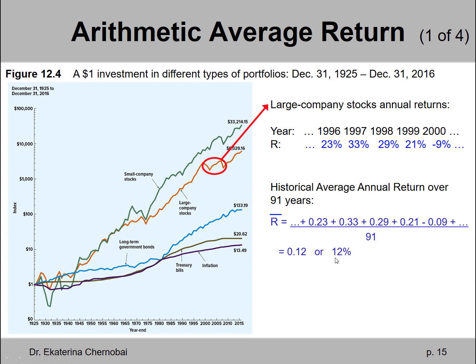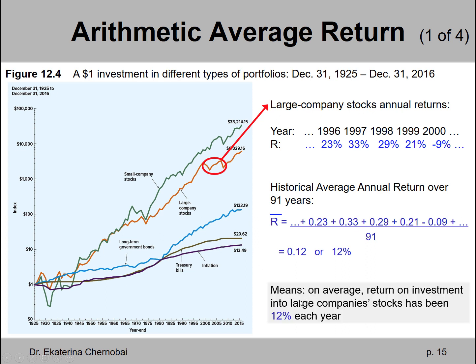So 12% is on average every year what the return was for an investor who spent his money on buying stocks of the 500 largest companies in the country. Right? So on average, the return on investment into large company stocks has been 12% each year. It's a pretty good return, right?